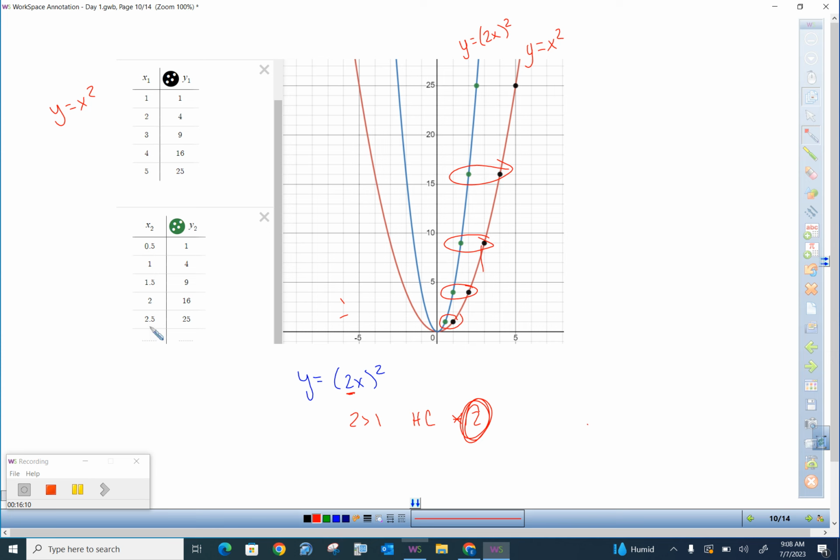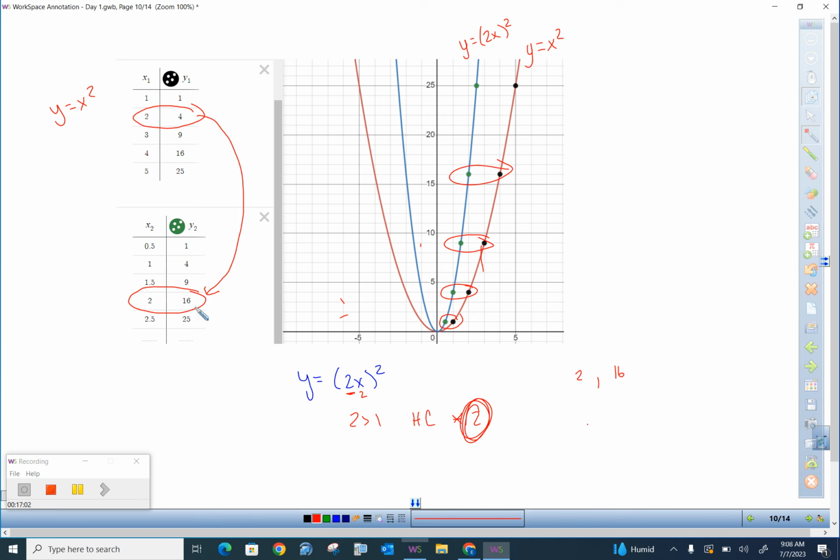Here's what I mean. So let's talk about the point on the original, and let's just say 2, 4. If I plug that in here, 2 times 2 is 4, and then squared is 16. So then I would have a 16 that goes with 2 on the other one. And there's the point. Here, if I look at the y value comparison, it wasn't vertically stretched by a factor of 2.